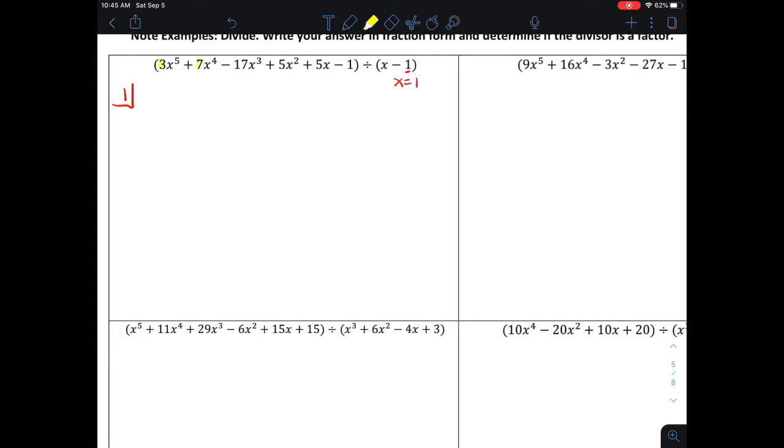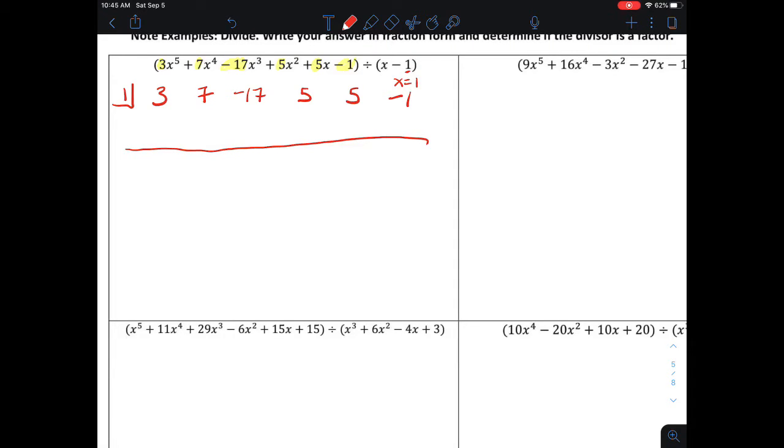I have to make sure all degrees are accounted for. If I were missing degree 1, I'd have to put a 0 there, but I'm not missing degree 1. All of those coefficients are in my top row: 3, 7, negative 17, 5, 5, and negative 1.